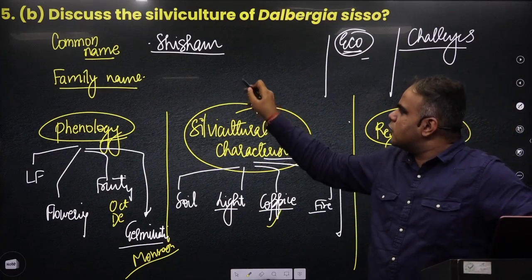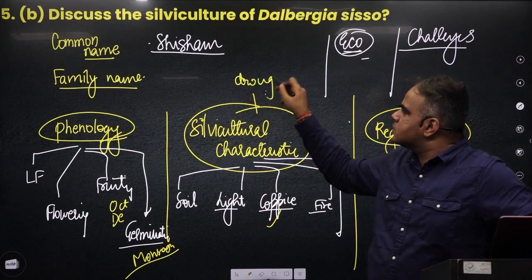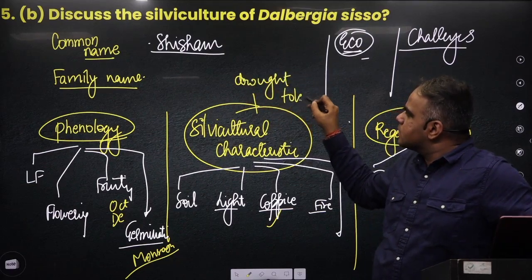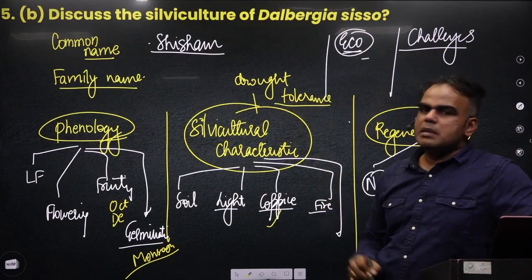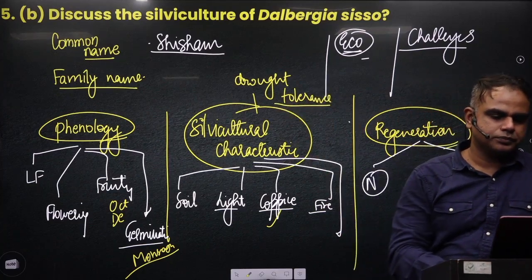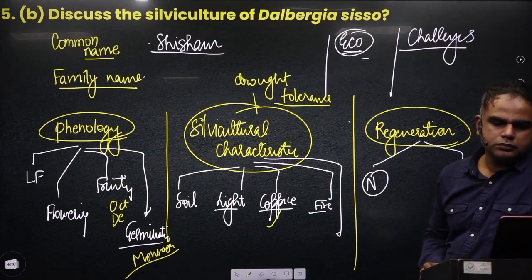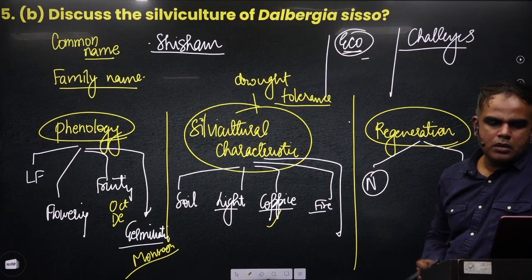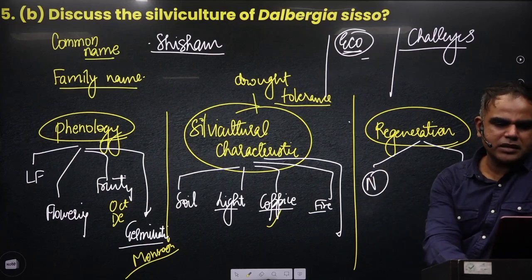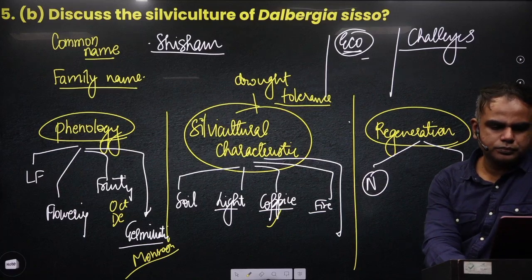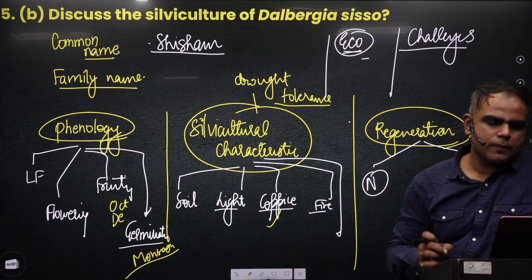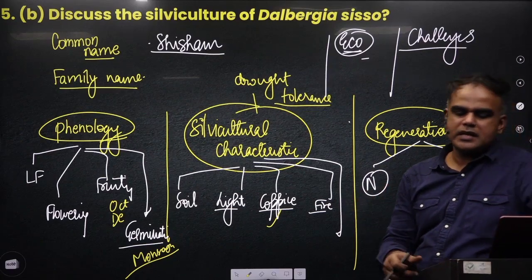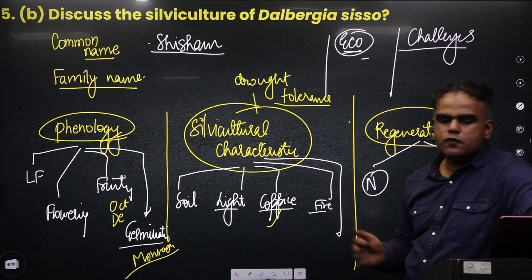It has the ability for drought tolerance, and this can also be mentioned here. Other than that, you can talk about frost sensitivity also, that young seedlings are sensitive to frost.